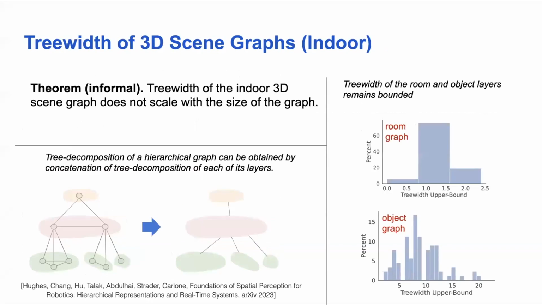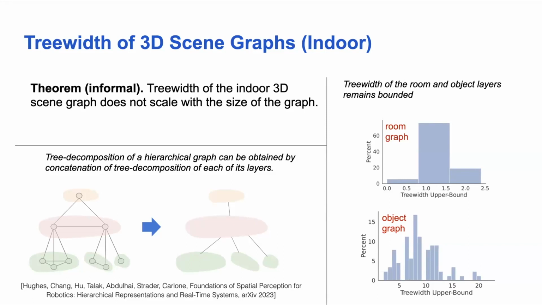It turns out that the tree width of indoor 3D scene graphs does not scale with the size of the graph. So you can bound the tree width of 3D scene graphs irrespective of the size of the environment that they explore. And the way we prove it in the paper is twofold. One is that the scene graphs are hierarchical, so we can show that the tree decomposition of a hierarchical graph can be formed by concatenating tree decompositions of each of its layers.